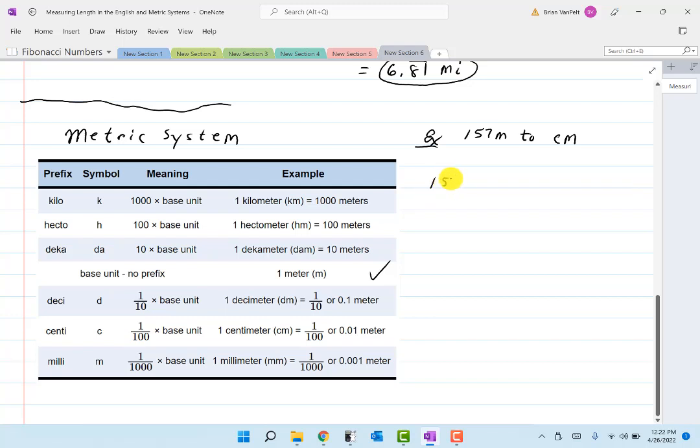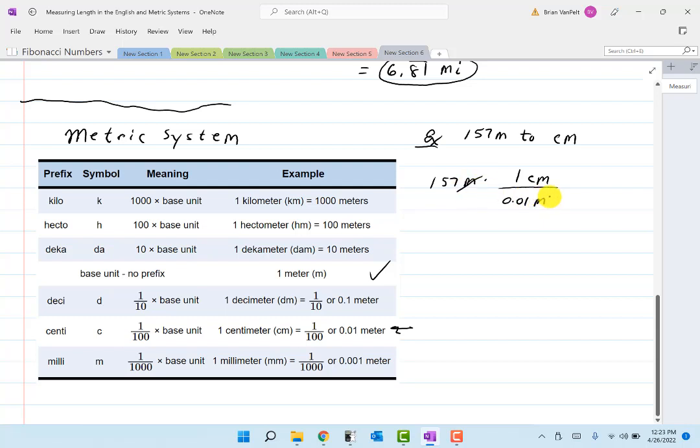So I do like I normally do. And then what I hope to get is centimeters on the top and cancel out my meters. So is there a connection between centimeters and meters? Let's see if I can find one right here. There's what we have. So 1 centimeter is 0.01 of a meter.